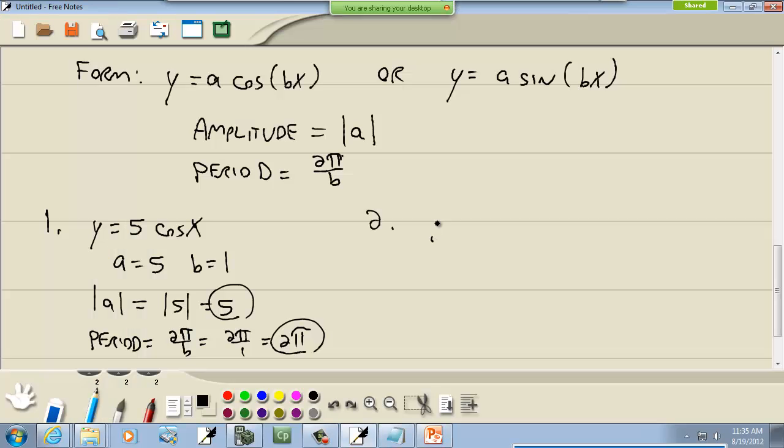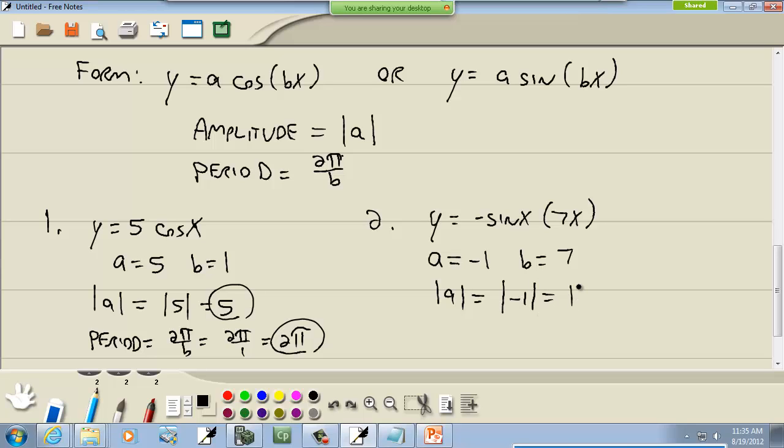Y is equal to negative sine 7x. And our a is the number before the sine, which is negative 1. And our b is the number before x, which is 7. So our amplitude would be the absolute value of negative 1, which will give us 1 again.